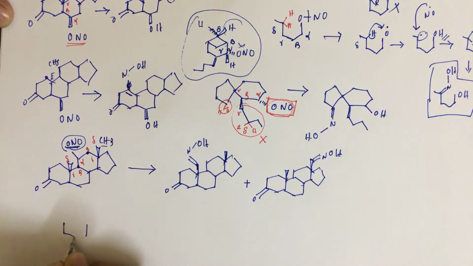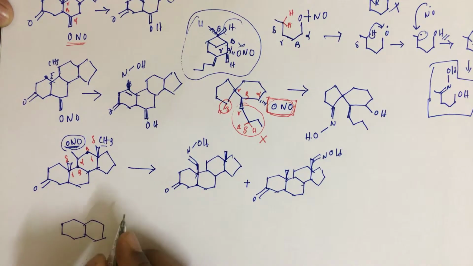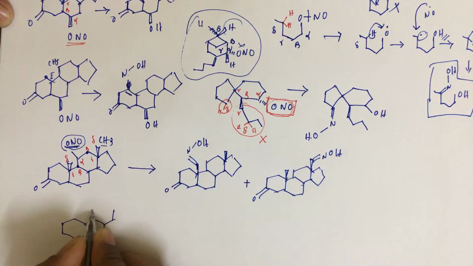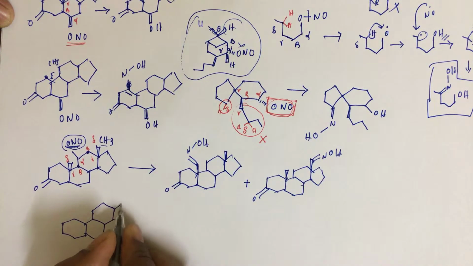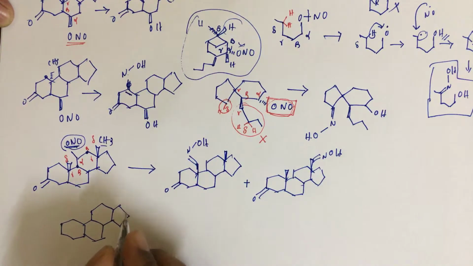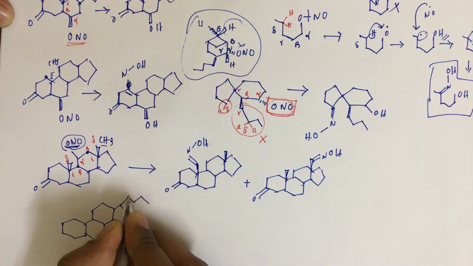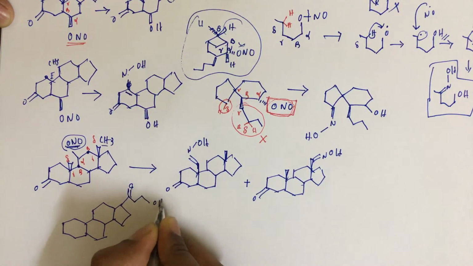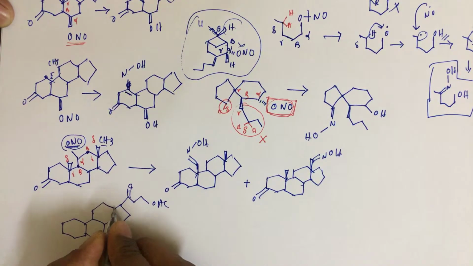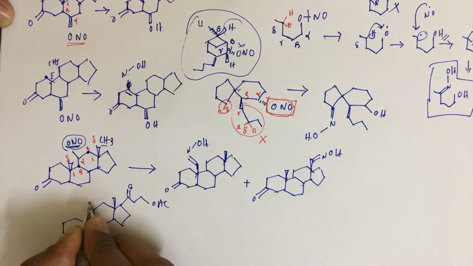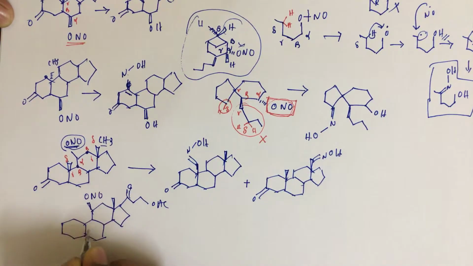Then we have another example where we have this kind of arrangement. Here we have ONO above the plane.